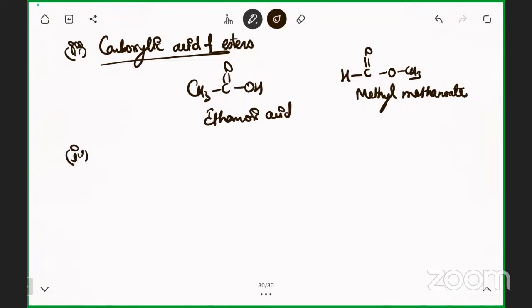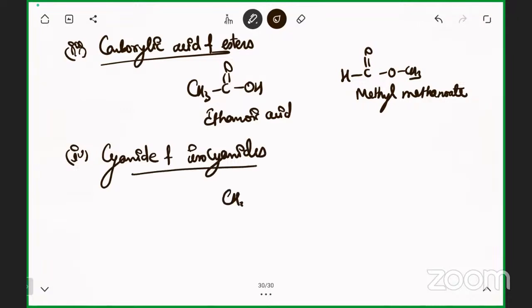Fourth type we can take of alkyne and alkadiene. But okay, I'm taking a good example, that is cyanide and isocyanide. This is easy. CH3 C triple bond N, or just directly you can write CH3CN, and another one is CH3NC.